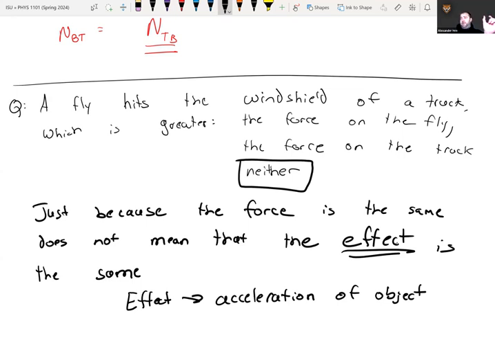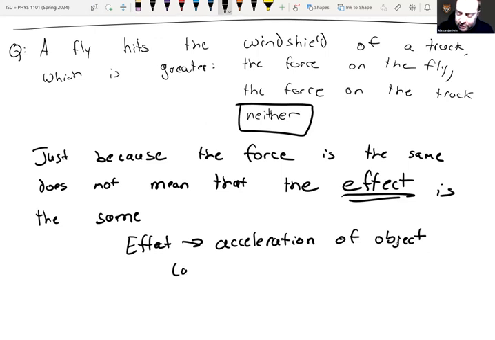But that small force has a negligible effect on the truck. That's the important thing to remember. It might slow the speed down ever so slightly if the person wasn't pressing the accelerator or something like that, but that is the idea. Again, acceleration also depends on mass.